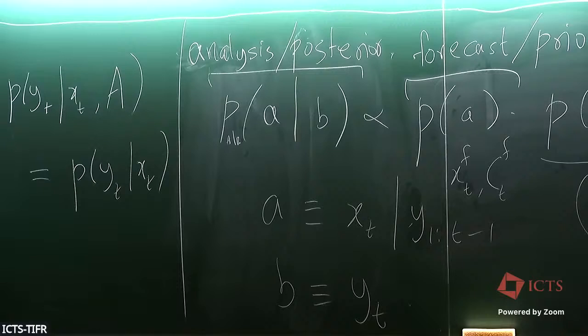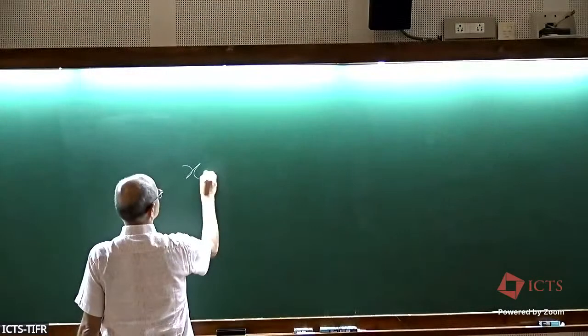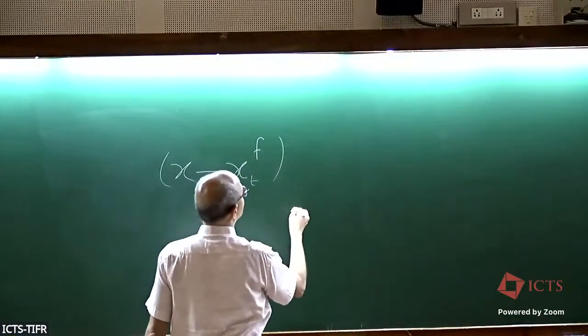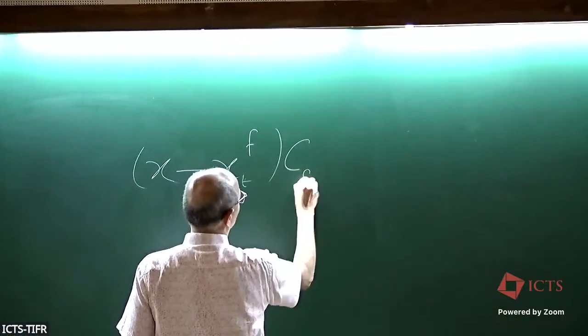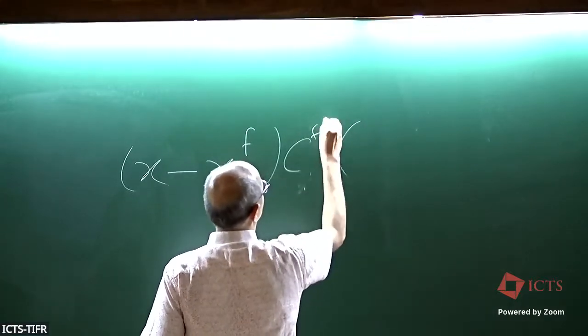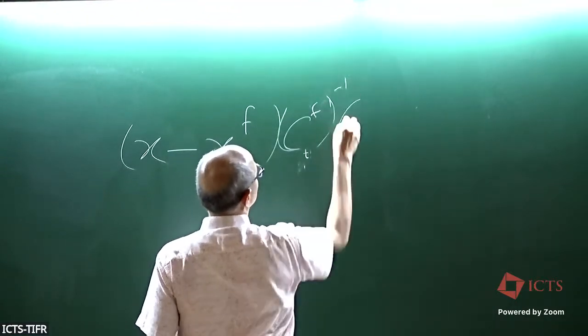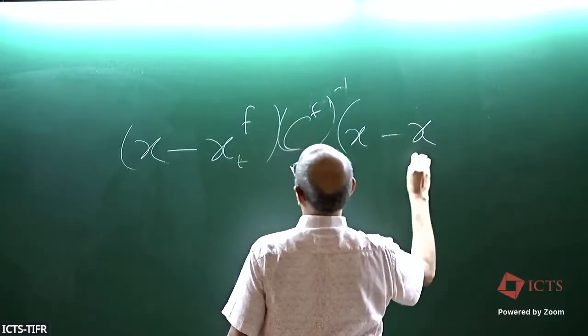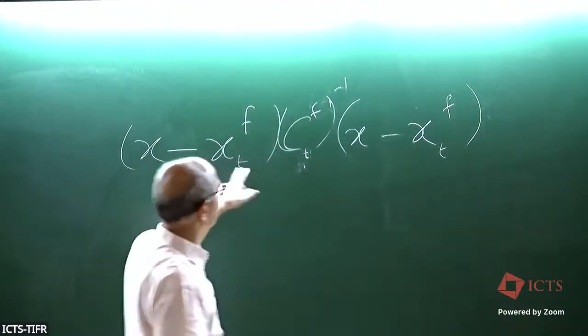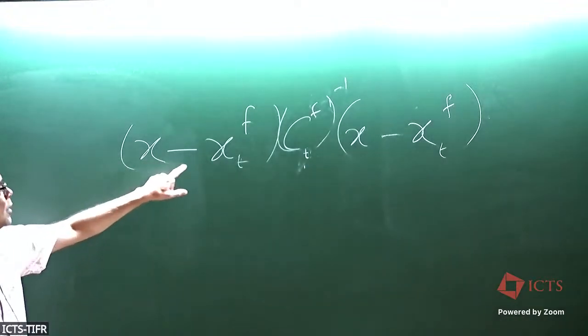So essentially, it will look something like this: x minus x forecast at time t, and then the weight factor for the forecast, C F T inverse, times x minus x t f. This will measure basically a distance of a state from the forecast.